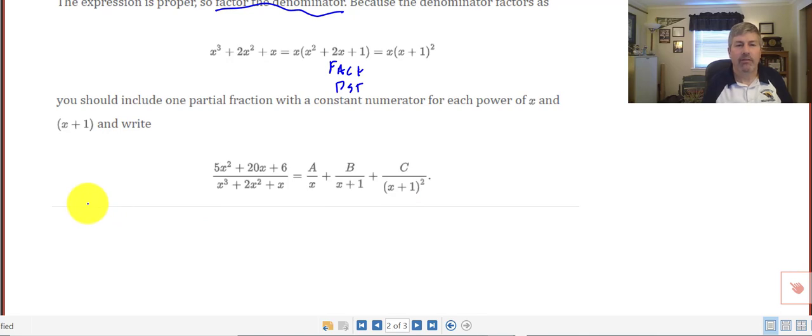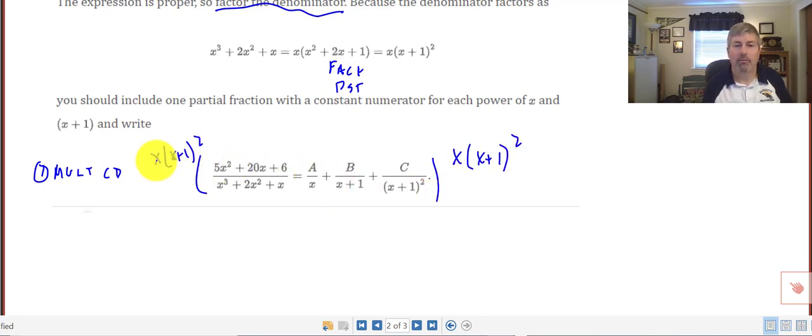And we'll follow the same process we did before. We'll begin by multiplying by the common denominator to get the denominator to cancel. So I'm going to multiply everything by x times (x plus 1) squared. In doing so, on the left side, my denominator cancels, so I get 5x squared plus 20x plus 6.